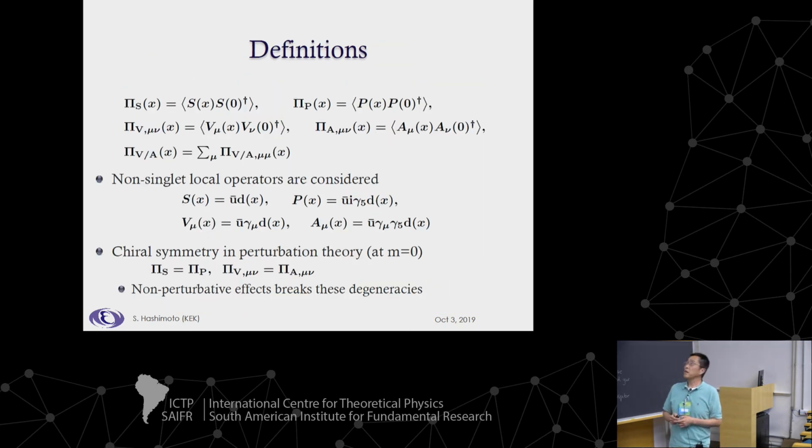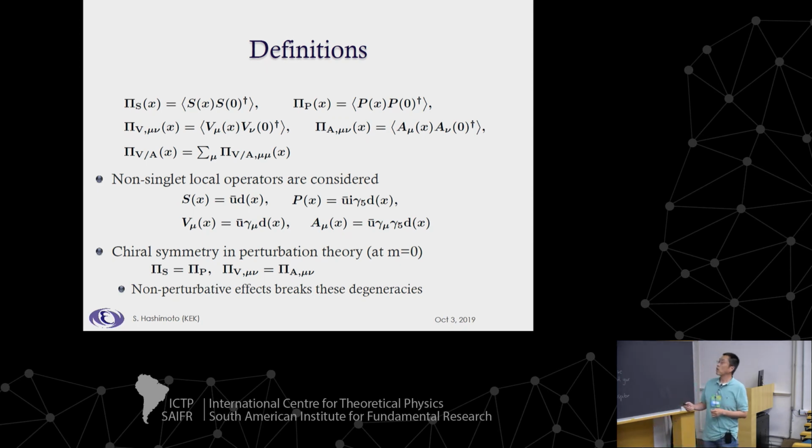So we think about the scalar correlator, pseudo-scalar correlator, as well as the vector and the axial vector correlators. For the vector and the axial vector, just for simplicity, we consider the components where mu and nu are set equal and summed over from 1 to 4.